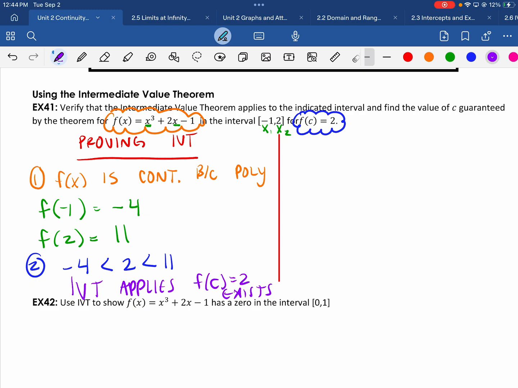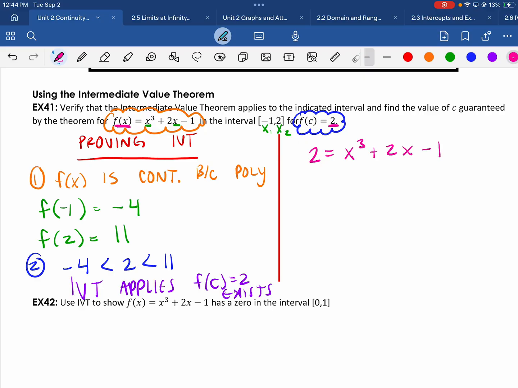Now for the second part of this question, it says find the value of c guaranteed by the intermediate value theorem. This is algebra, going back to Algebra 2. So where are you going to plug 2 in? Into f of x. So 2 equals x cubed plus 2x minus 1.